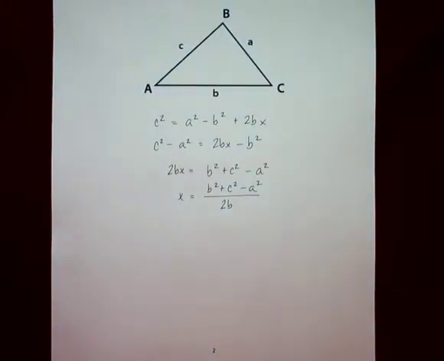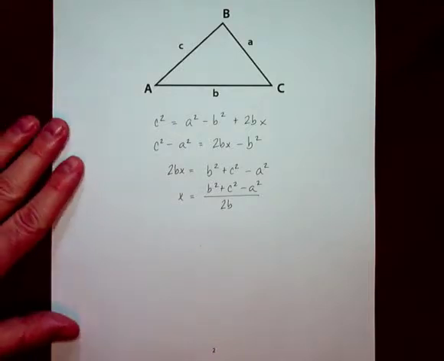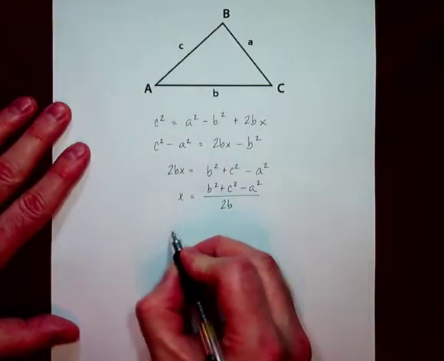We want h to disappear, and we want a formula for the area that is just in terms of a, b, and c, especially for Heron's area formula. But basically, we want a formula that deals with the values that are given to us rather than ones that we have to derive, because if we have to derive, the formula is not as good, right? Now, what we're going to do is we're going to square both sides.